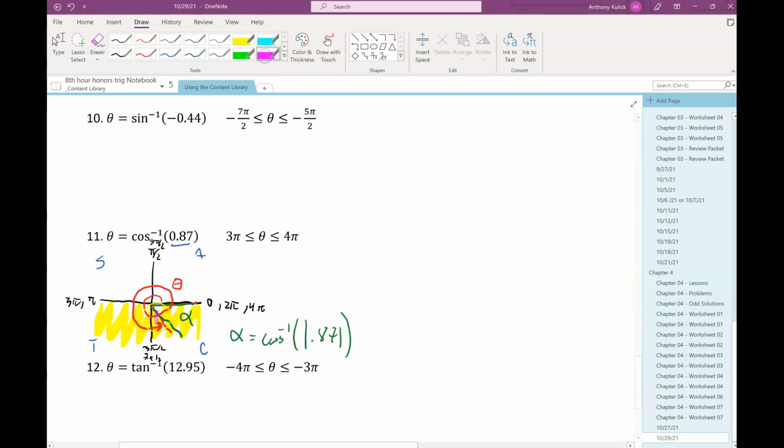And since theta is positive, and the last axis we crossed is vertical, I know we're going to have 4 pi minus alpha. And then it's calculator time.